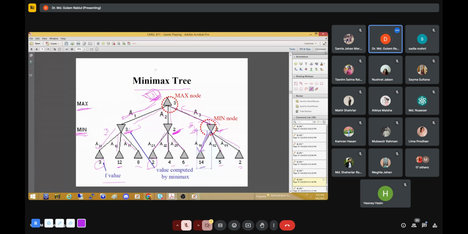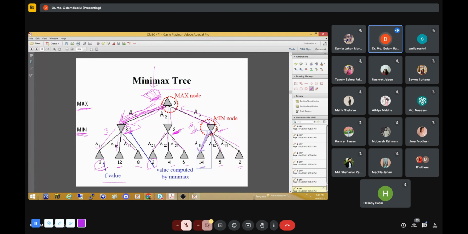But how has the 3 been taken? The 3 actually is from which branch? 3 is from this branch. So that means it will try to find out the source path now. So this is the path, and then from where it will get the 3.